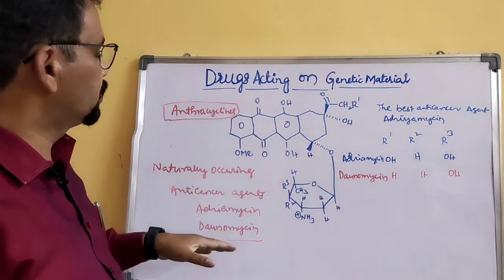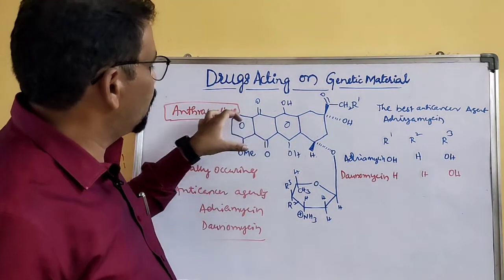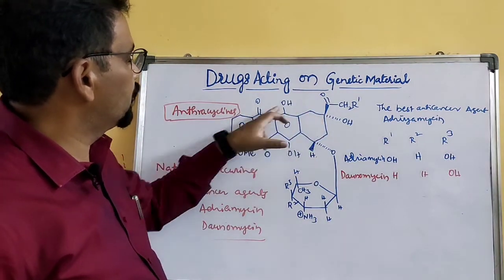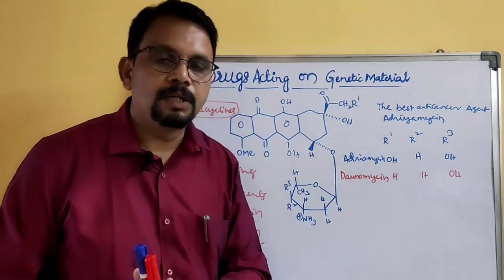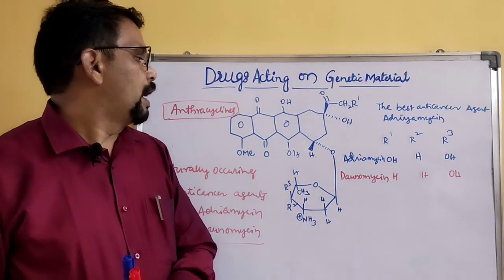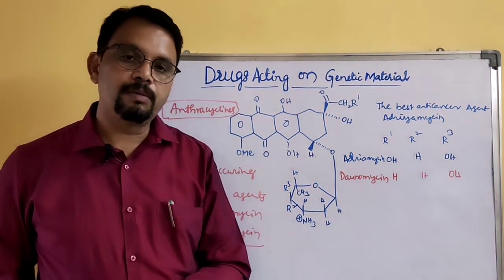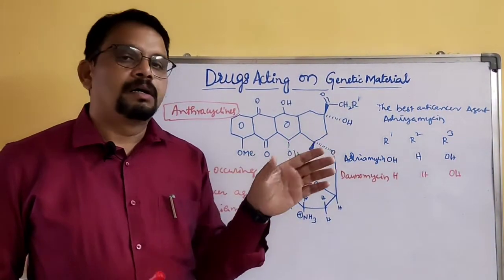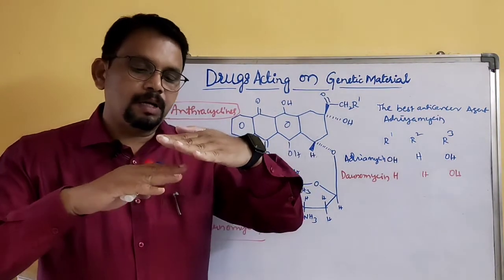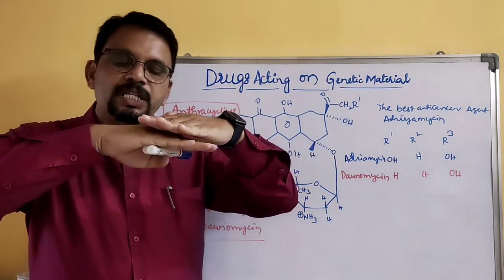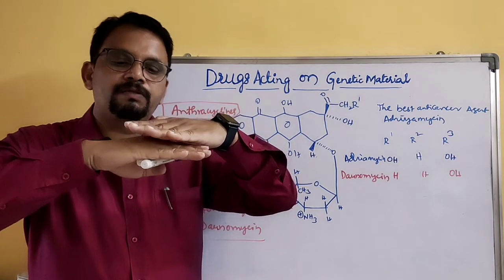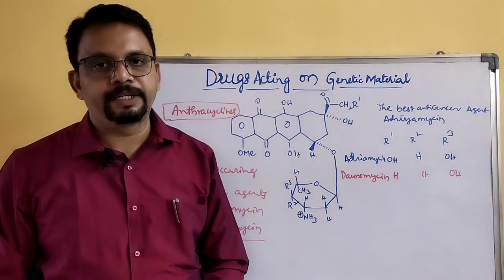This planar structure means the rings are in the same plane. These planar aromatic or heteroaromatic rings are able to slip or insert in between the two chains of the DNA double helix.